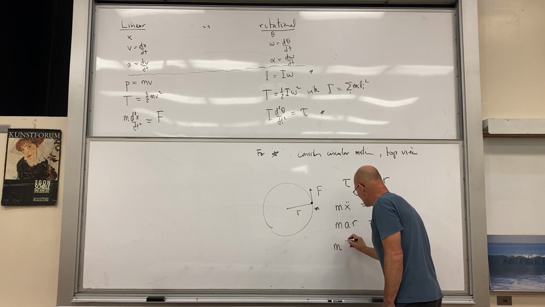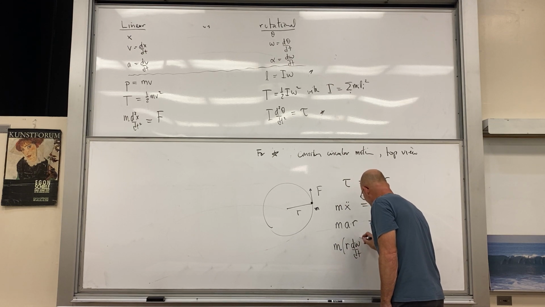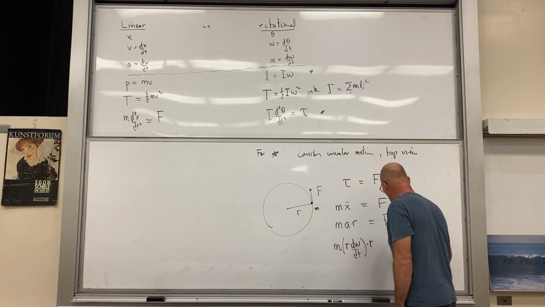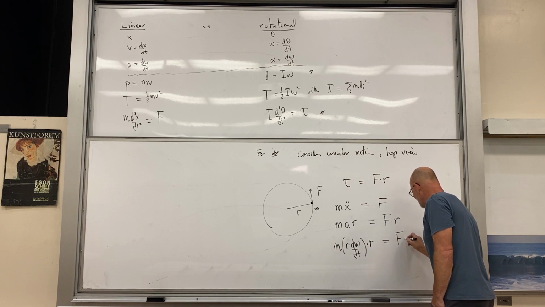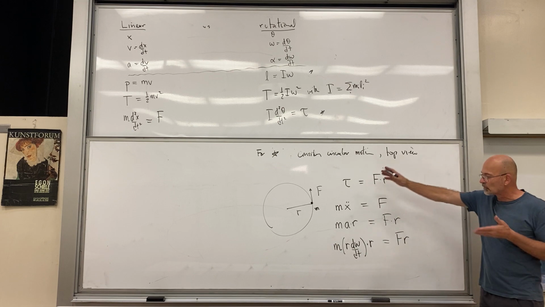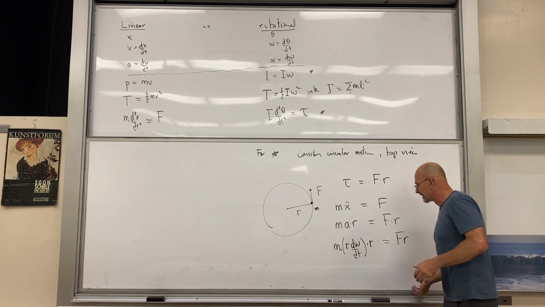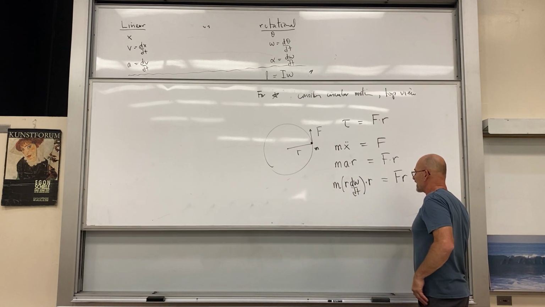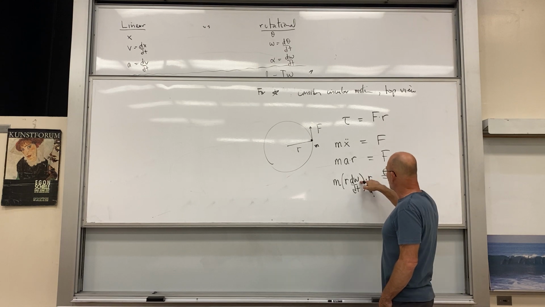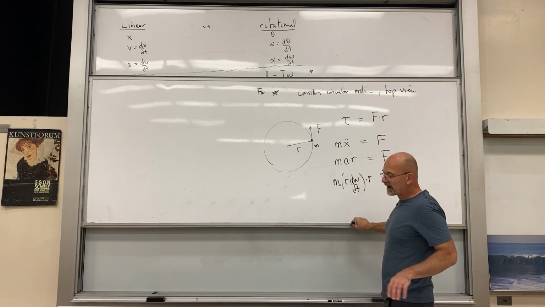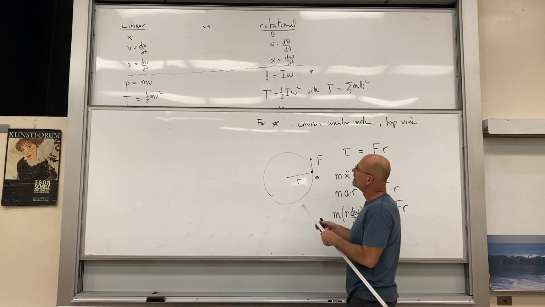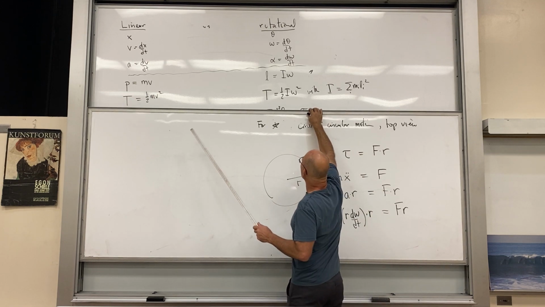So M times R d omega dt times R is equal to F times R. So this is just how you can go through this as a point mass type of problem. And this d omega dt will be d squared theta dt squared. How did I write it down here?